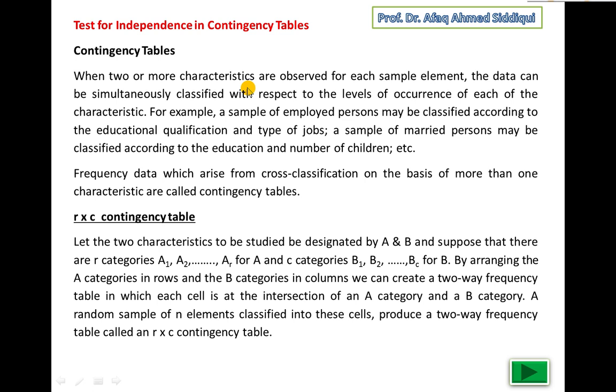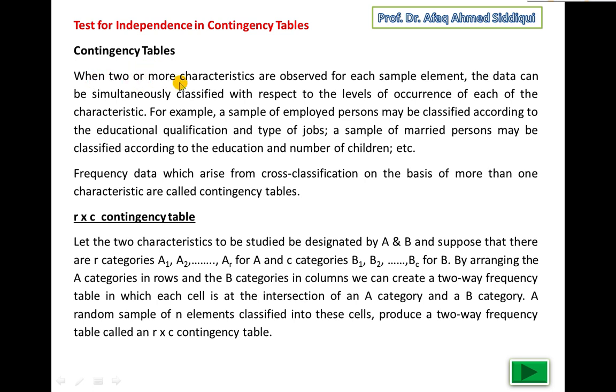If you have two characteristics, we represent the first characteristic in rows and the second in columns. So when we represent two or more characteristics, or two criteria of classification, in the form of a table with rows and columns, the table is called a contingency table or two-way frequency table. The classification is called cross classification. Cross means rows and columns.